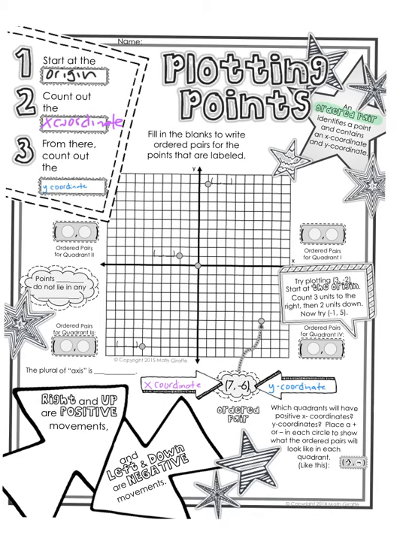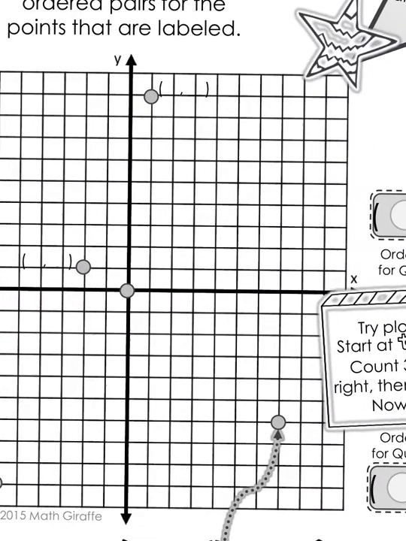So for example, if we were to plot the point 7, -6, the first thing we would do is count out our x. So I'm going to go over 1, 2, 3, 4, 5, 6, 7, because it was +7. And then the next thing I would do is I would go down -6. So 1, 2, 3, 4, 5, 6, and that is why we have the point 7, -6 right there.